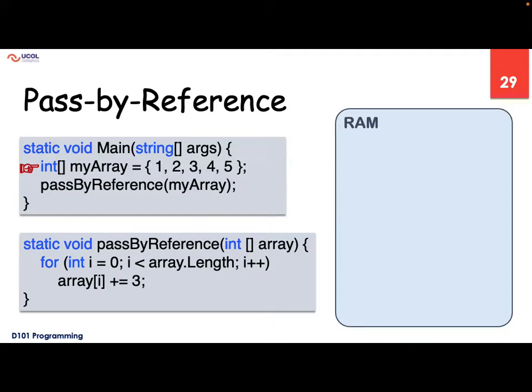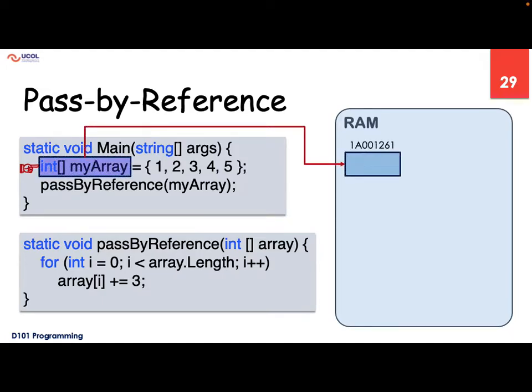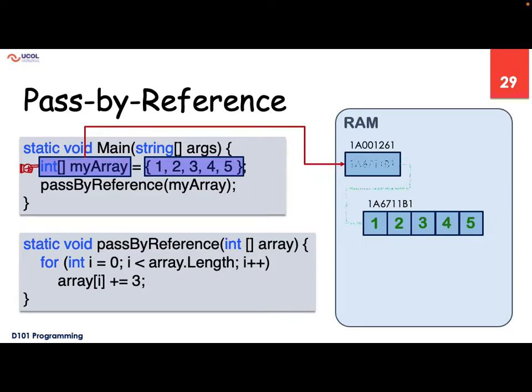Once we execute the first line, it will create that integer array, and you know that it will first create a reference type variable, then it will create the array itself with the actual values 1 2 3 4 5, and then once we execute the assignment operator, it assigns the created array to the reference variable.